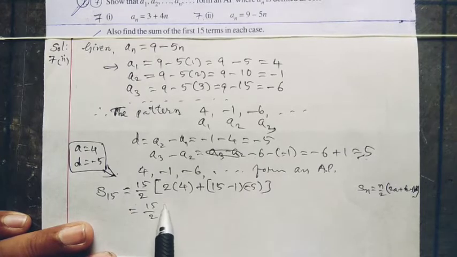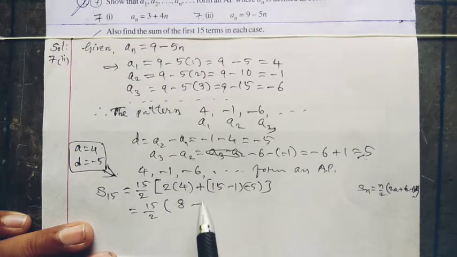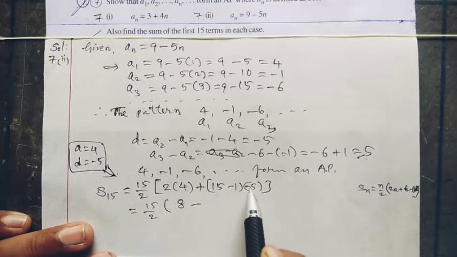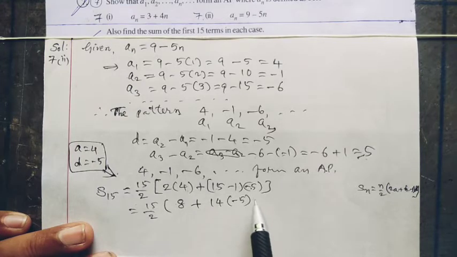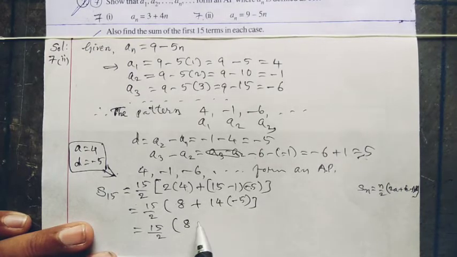15/2 [2 fours are 8, + 14 × (-5)]. 15/2 [8 - 70].